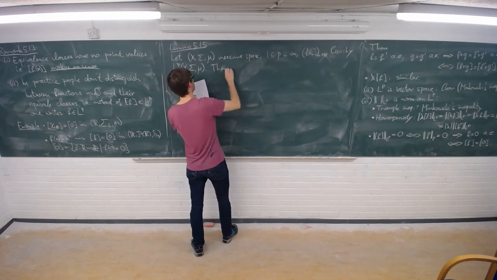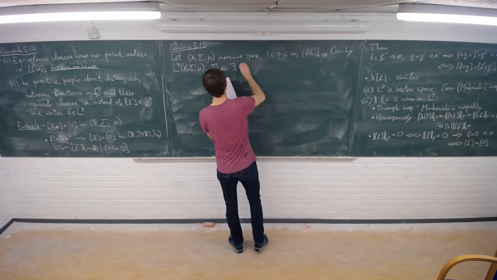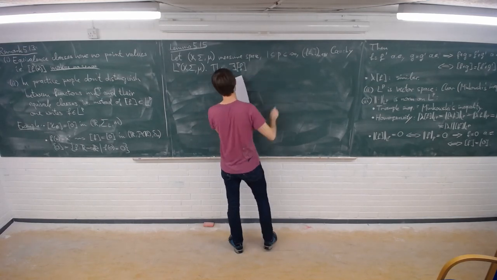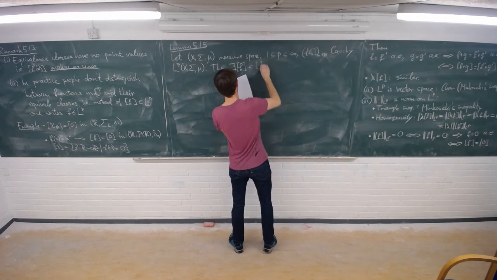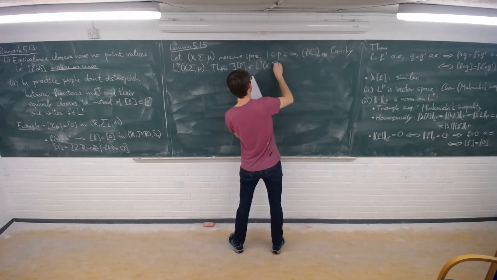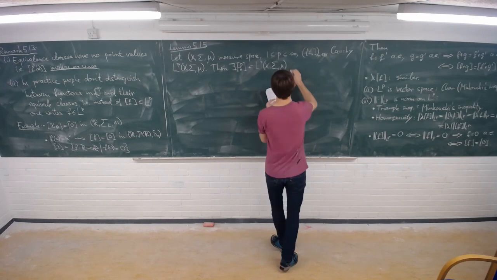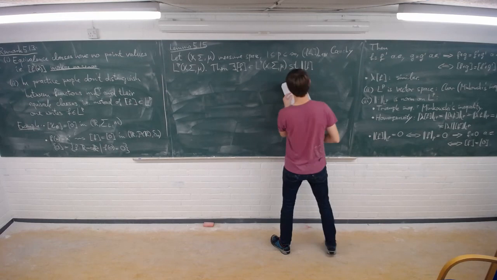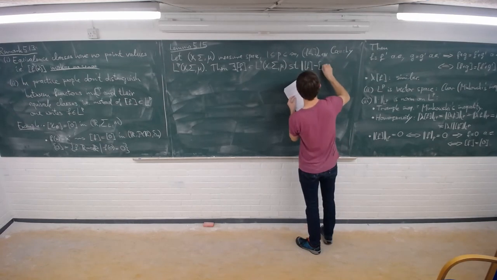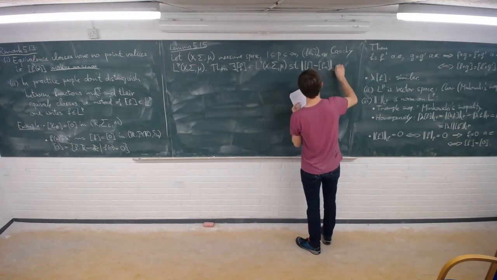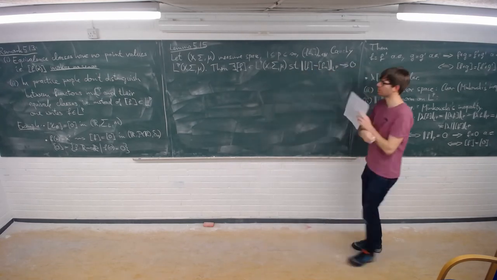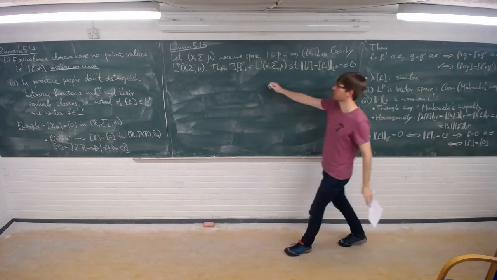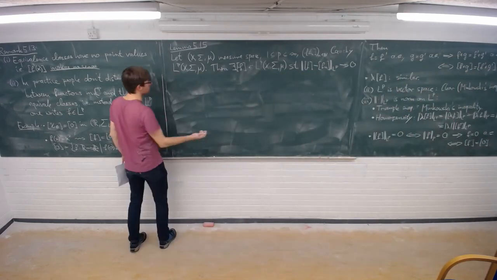Then there exists a function f, well actually an equivalence class f in LP of (X, sigma, mu) such that the LP norm of f minus f_n goes to 0. So in other words, a Cauchy sequence in the new LP space has a limit in the new LP space.